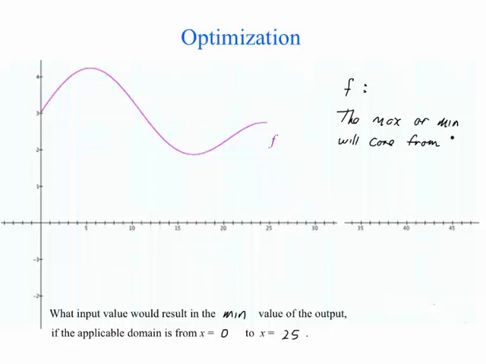will come from x values at, said f prime is 0. What do we call those? We call those critical values. F prime of x equals 0 or does not exist.